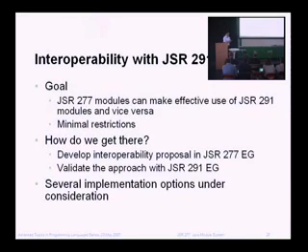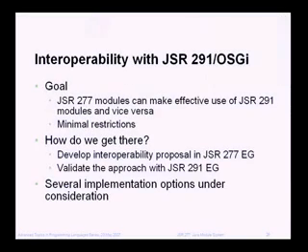Now, one of the issues that we are going to tackle in the next few months in the expert group is the issues around interoperabilities with JSR 291 or OSGi. The goal here is to provide some kinds of interoperabilities to allow JSR 277 modules to make effective use of the OSGi modules or vice versa.